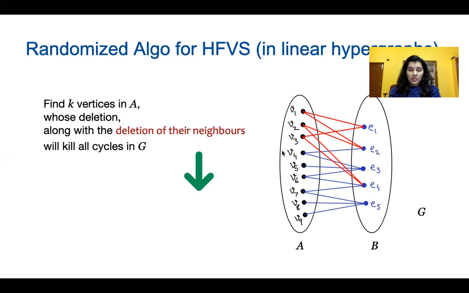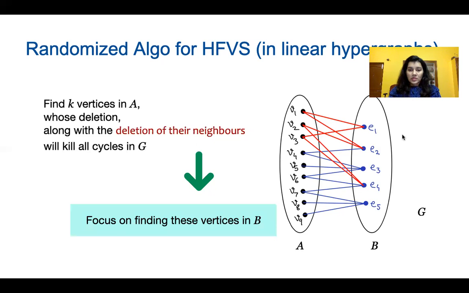Notice that the deletion of the neighbors is quite crucial. If you observe, if we just remove these neighbors, the graph also becomes acyclic, because we've picked the complete neighborhood of the solution set that we were seeking.